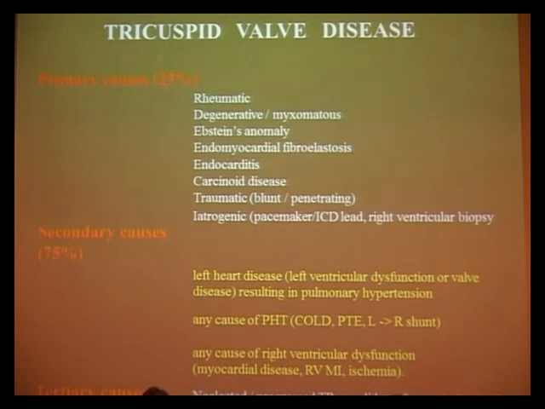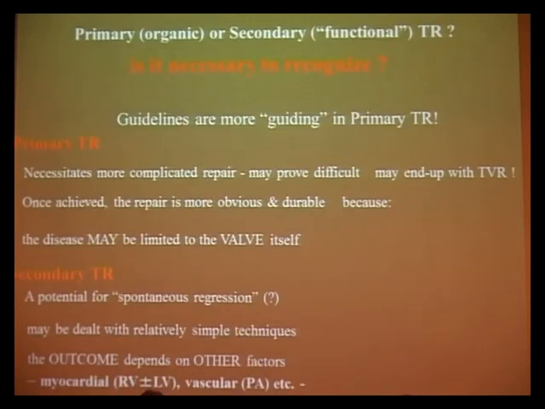Also, 25% of all tricuspid valve disease are primary causes. And as you know, rheumatic, degenerative myxomatous disease and Epstein, etc., the approaches for them are already well defined. Therefore, secondary and tertiary causes are much more controversial issues that we have to address and discuss.